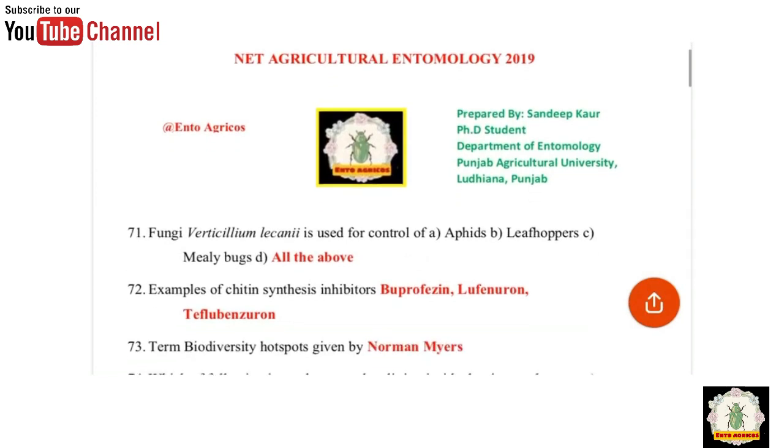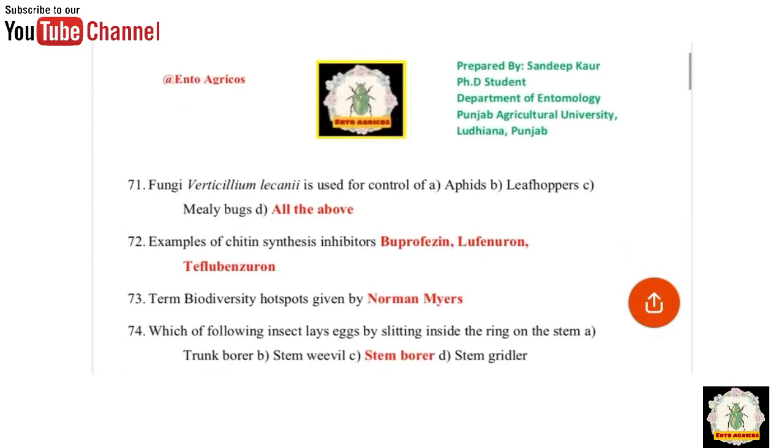Next, the term biodiversity hotspot is given by Norman Myers. Which of the following insects lays eggs by slitting inside the ring on the stem? The options were trunk borer, stem weevil, stem borer, stem girdler.